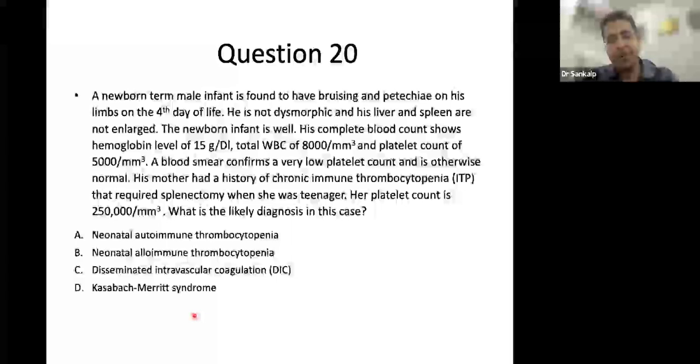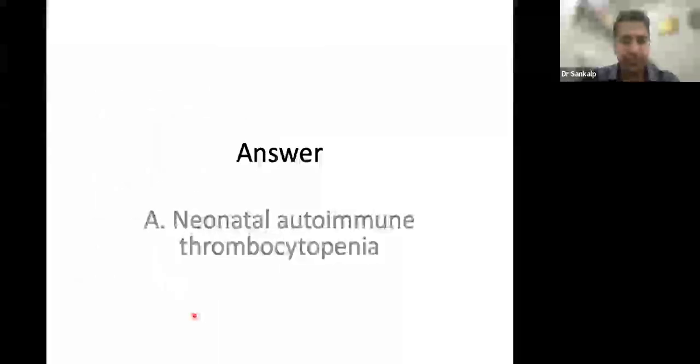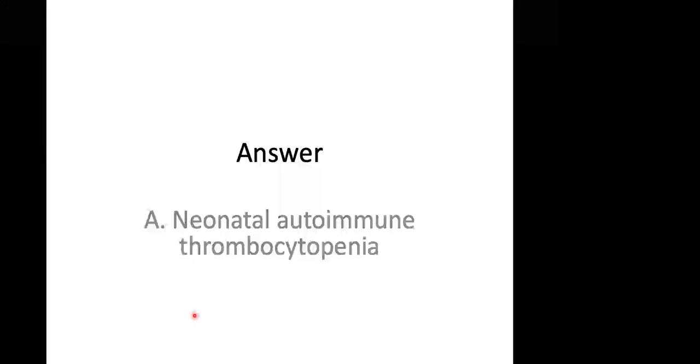If there is no history of ITP in the mother, then think of alloimmune thrombocytopenia, that the baby has made antibodies against father's antigen, which are causing thrombocytopenia, right? So whenever there is isolated thrombocytopenia, baby is overall well, think of immune thrombocytopenia: autoimmune if mother has ITP, alloimmune if mother does not have ITP. So answer is neonatal autoimmune thrombocytopenia, antibody against mother's platelets.